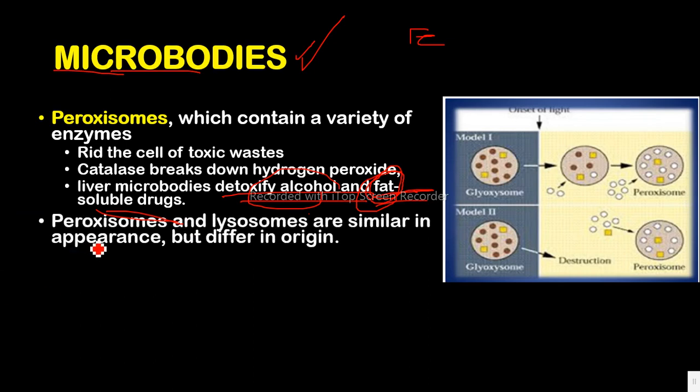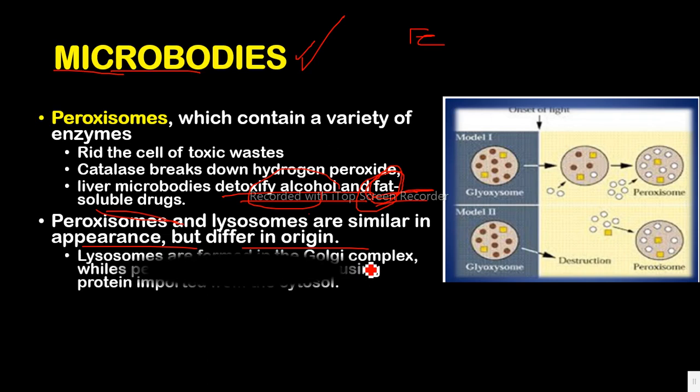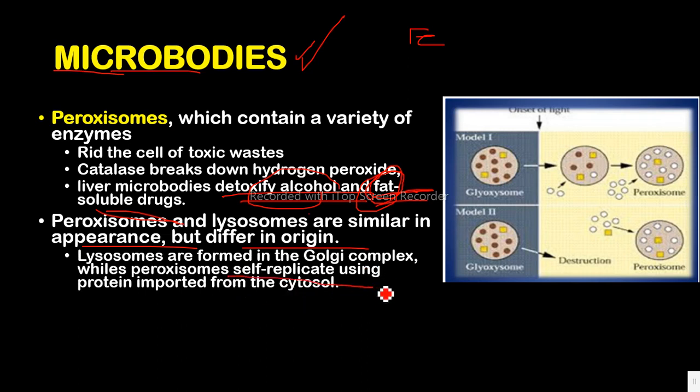Then peroxisomes and lysosomes are similar in appearance but differ in origin. Whereas lysosomes pinch off from the Golgi complex or Golgi body, peroxisomes self-replicate, using proteins that are within the cytosol. For lysosomes, you form proteins, package them, and release them.